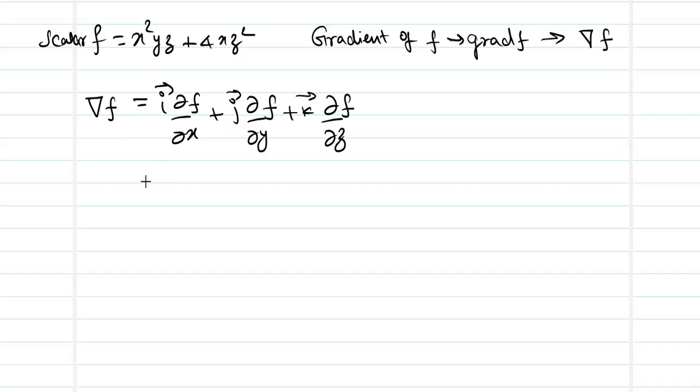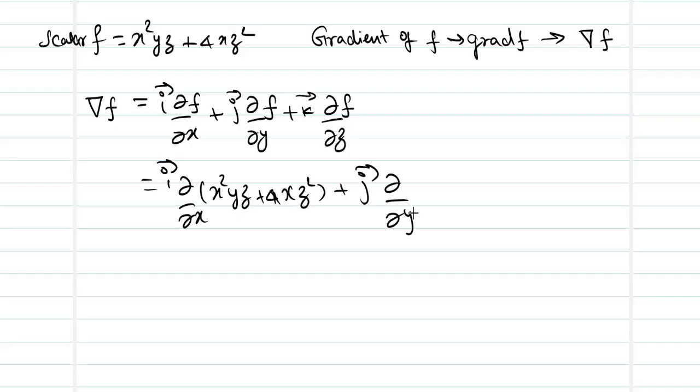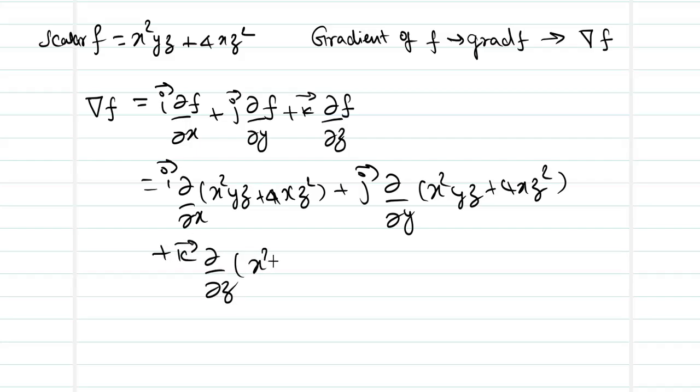Now let me take it as i dou by dou x of, what is my f? x square yz plus 4xz square, plus j dou by dou y of x square yz plus 4xz square, plus k dou by dou z of x square yz plus 4xz square.